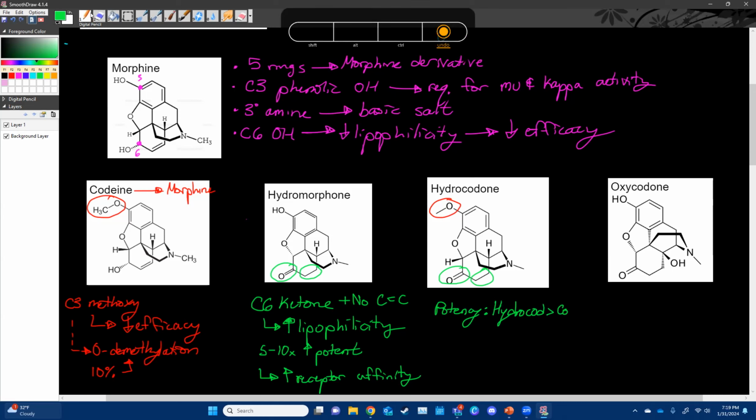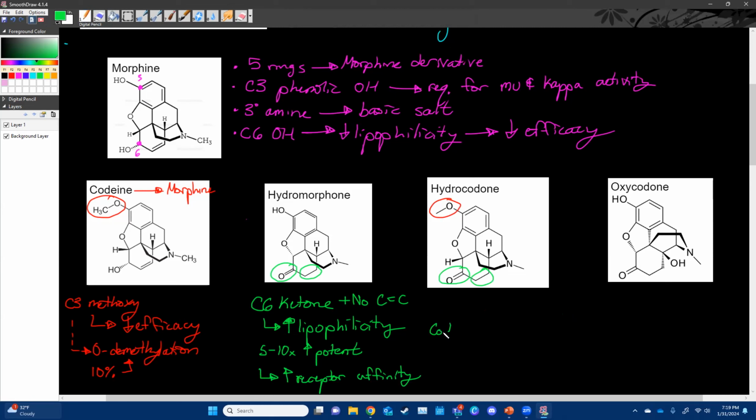Actually, potency is the wrong word. You should probably say efficacy. Let's write it like this. I think this would be better. So because of the double bond, compared to codeine, let me write these in a neutral color: codeine, hydrocodone, and hydromorphone.